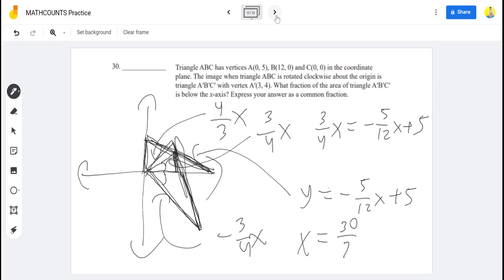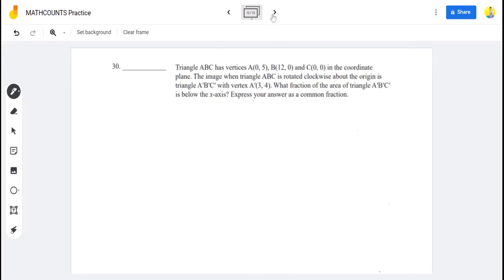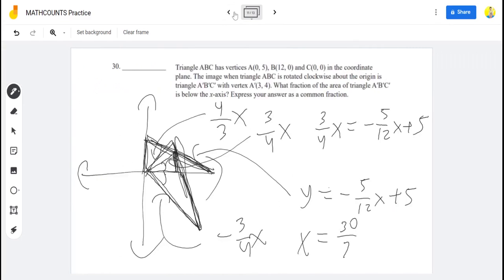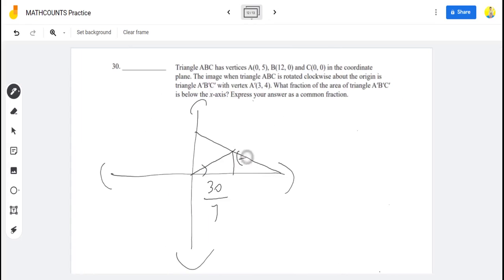Now after finding out what x is, we can find what y is. So we have our triangle again, like this. We found x is 30 over 7. And now to find y, we just plug 30 over 7 into the equation to see that y is 45 over 14.